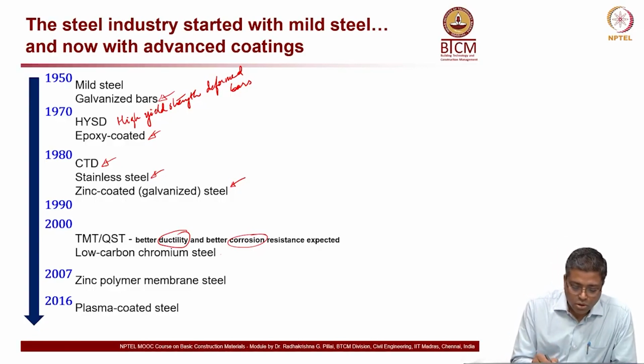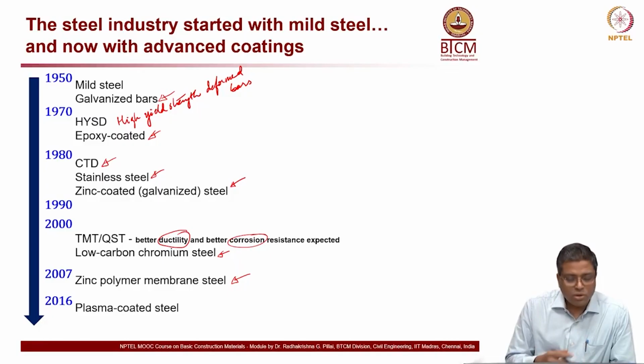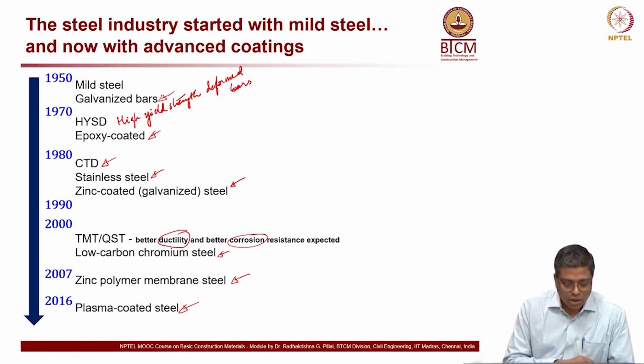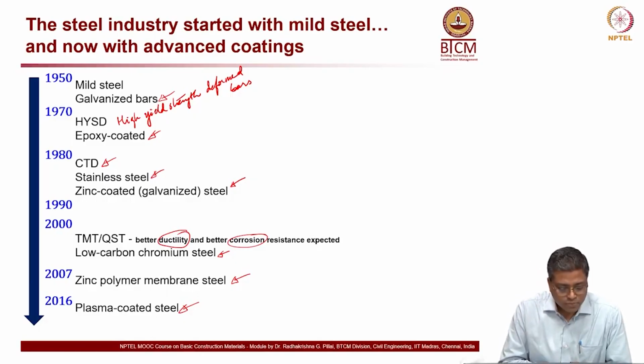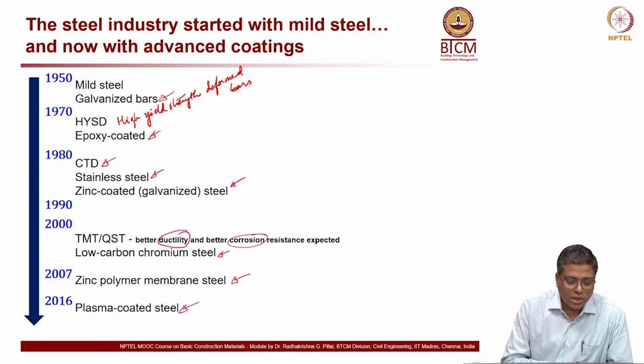And also low carbon chromium, which is corrosion resistant steel, and in 2007 zinc polymer membrane steel, again coated reinforcement. Now the latest version, there is one more type of coating which is coming, called plasma coated steel. It's essentially again galvanized coating, but done at a very different plasma level, that means a very fine microstructure level.